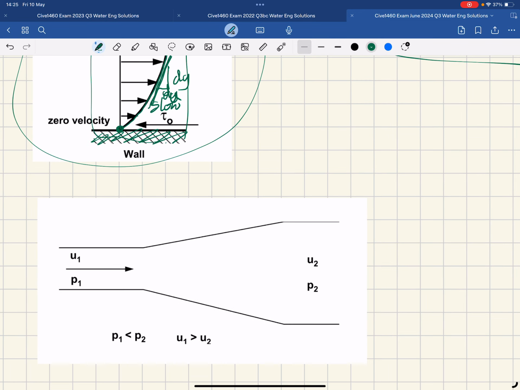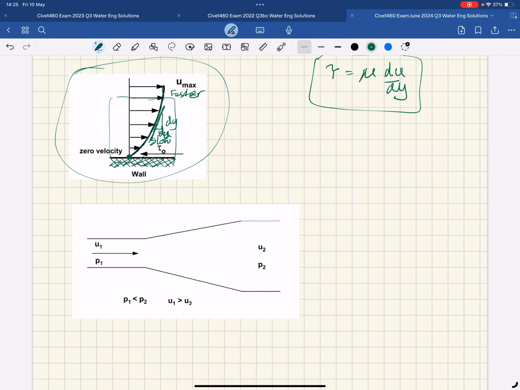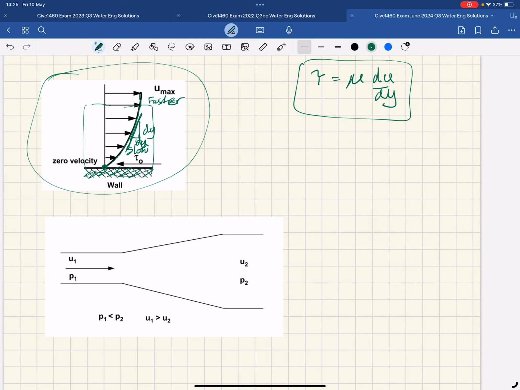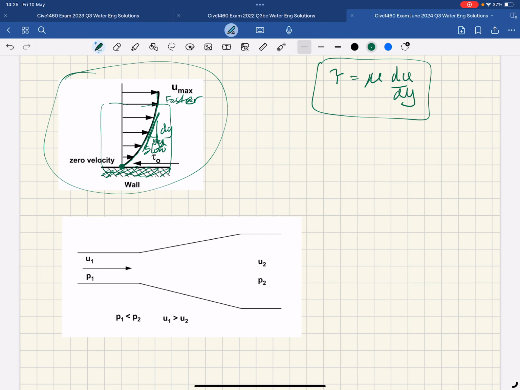But the next thing we know about why boundary layer separation occurs is because we have this situation in, for example, a divergent flow. So a pipe that's flowing in this direction and then flows out, going from narrow to wider.